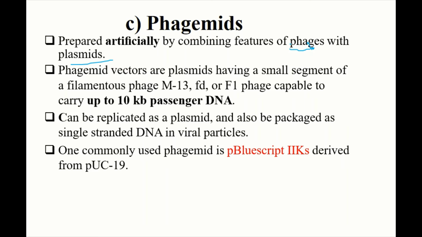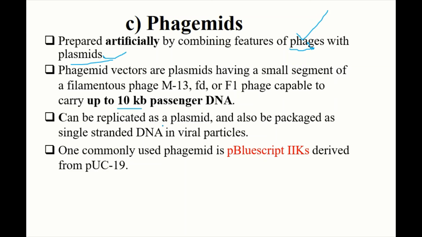We have what we call phagemid, and this is an artificial combination of bacteriophages with plasmids. The positive characteristics of phages and plasmids are utilized. So these are plasmids having a small segment of filamentous phage M13, fd or f1 phage, capable to carry up to 10 kilobases of DNA.